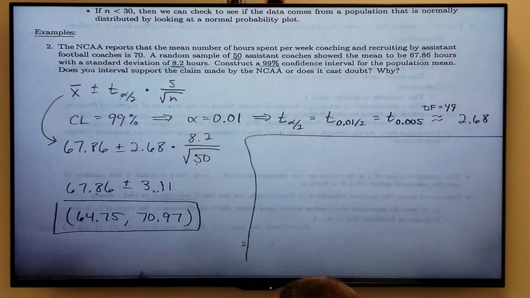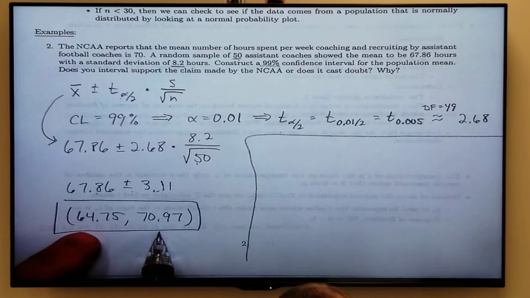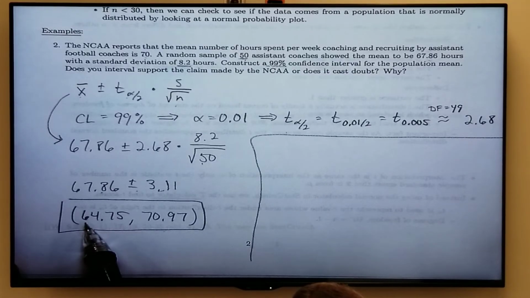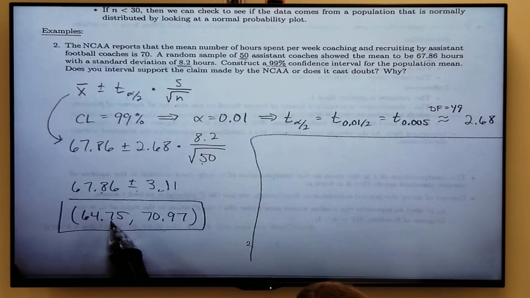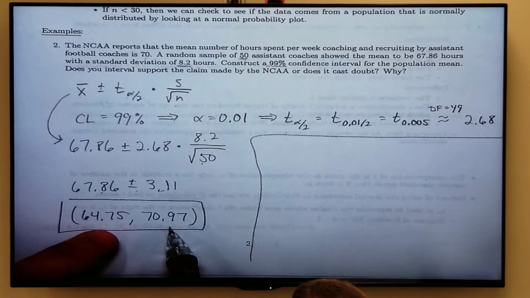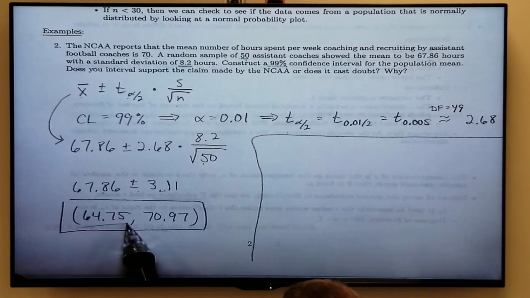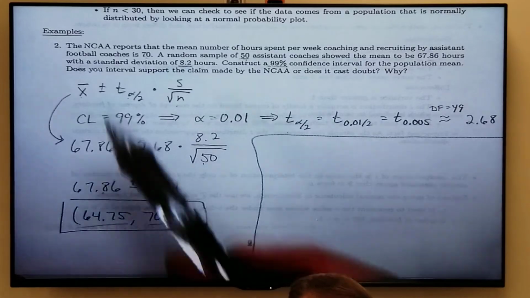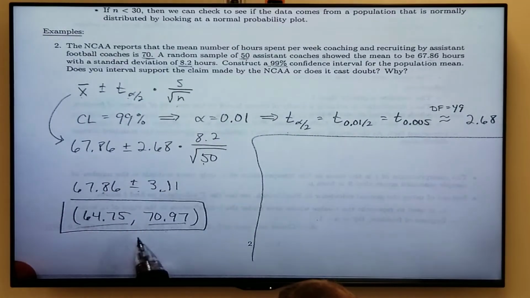That their coaches really don't spend 70 hours a week coaching? Well, here's our 99% confidence interval, right? We're 99% certain that assistant coaches spend somewhere between 64.75 hours and 70.97 hours coaching each week. So we're 99% sure that they spend somewhere between this number of hours and this number of hours coaching. 70 is within that interval.